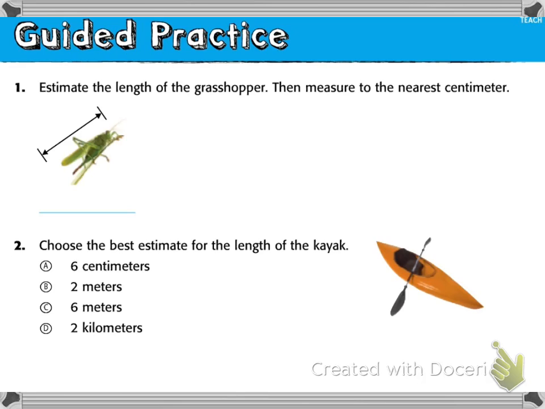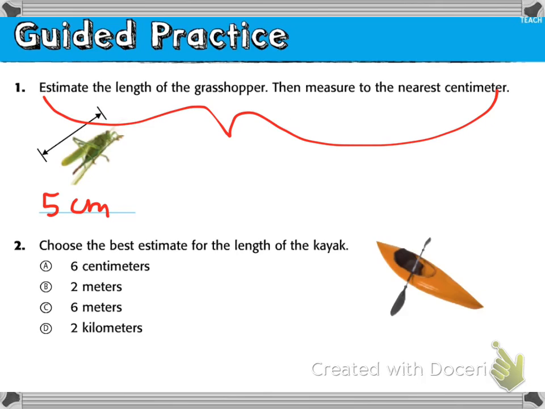Actually, we're going to do the guided practice all together. Okay? So estimate the length of the grasshopper, then measure to the nearest centimeter. Okay, I'm going to estimate that that grasshopper is probably 5 centimeters long. Now I'm going to get my ruler and actually measure the length of that grasshopper.